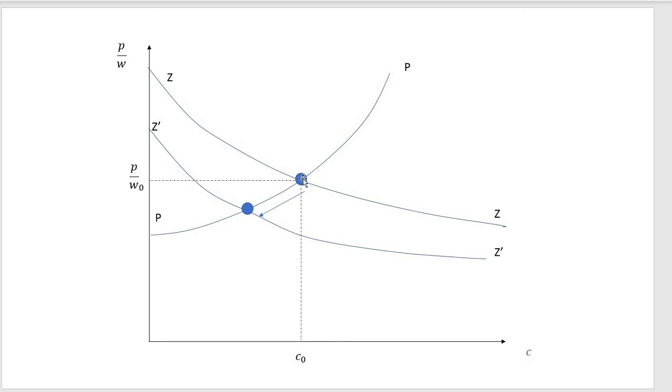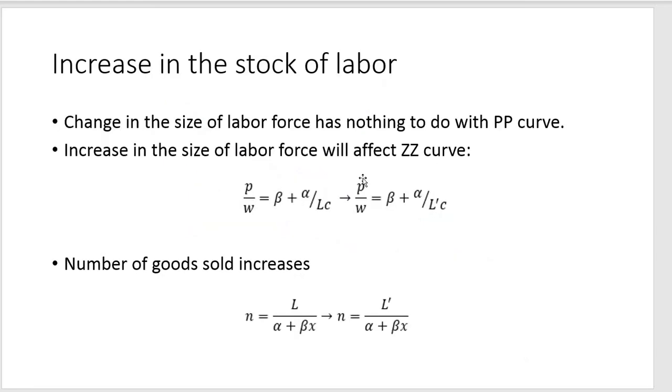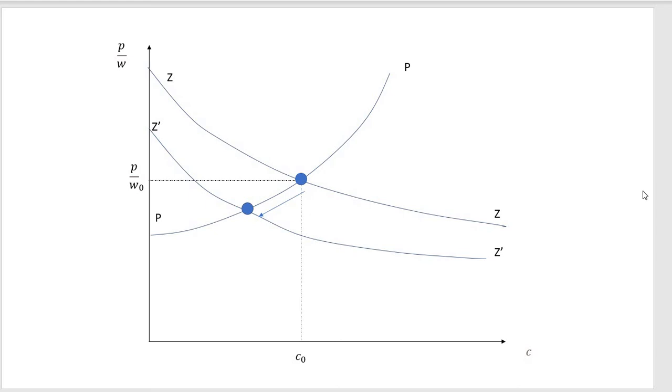We discussed this graph in order to illustrate the effect of an increase in the size of the labor force, but we can just assume that ZZ prime describes the ZZ curve in the bigger region, the region with the bigger labor force, and ZZ describes the relationship between the price-wage ratio and elasticity in the smaller region.